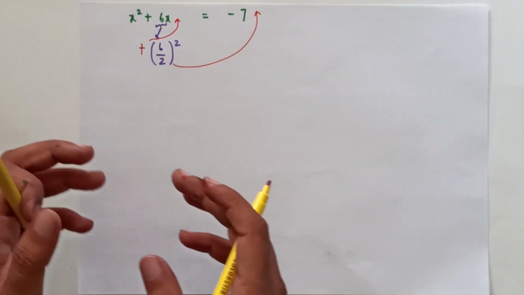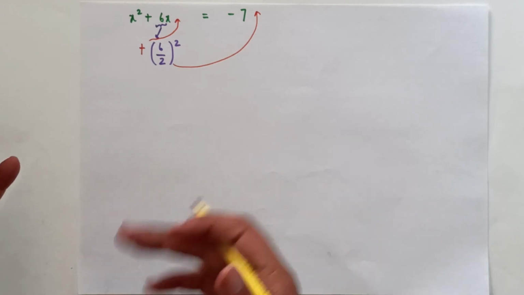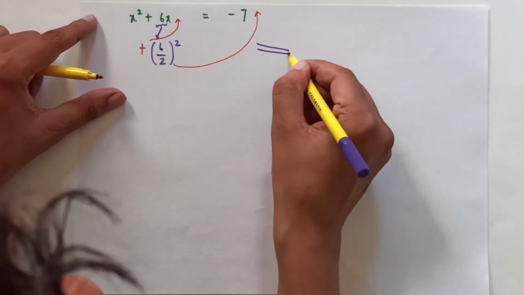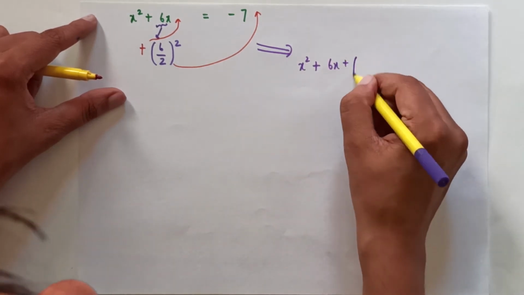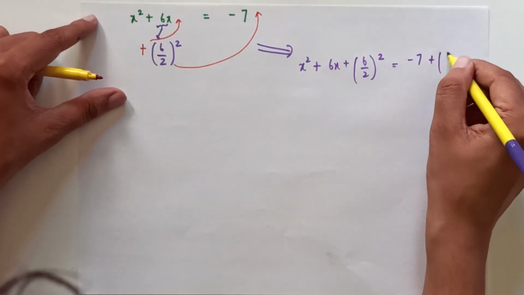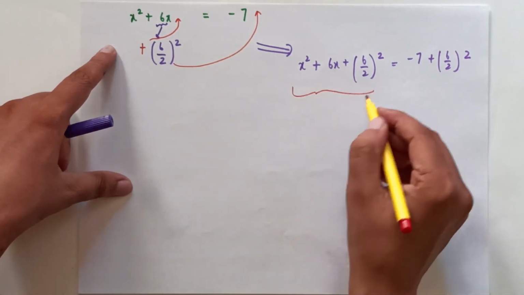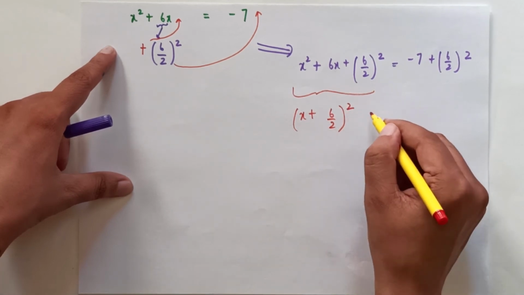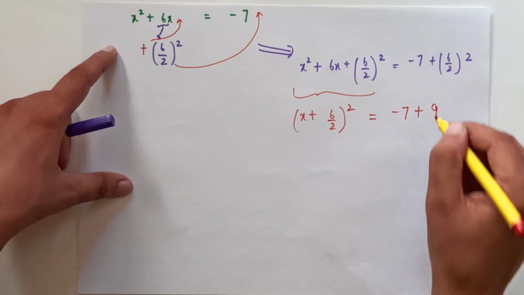If we do this step, we actually don't interfere with our original equation. It's still the same. But what it becomes is x square plus 6x plus 6 by 2 square is equal to minus 7 plus 6 by 2 square, which will further become x plus 6 by 2 square is equal to minus 7 plus 3 square, that is 9.